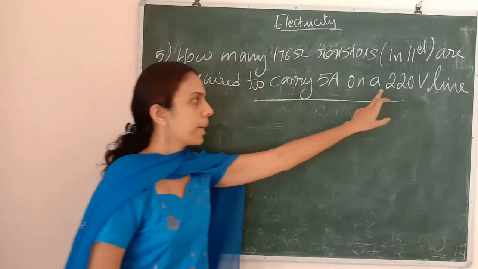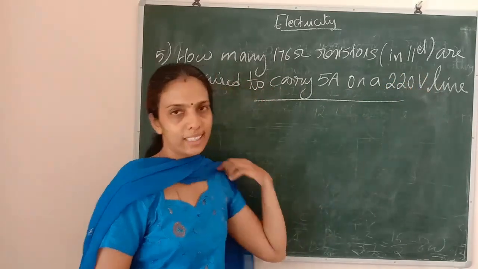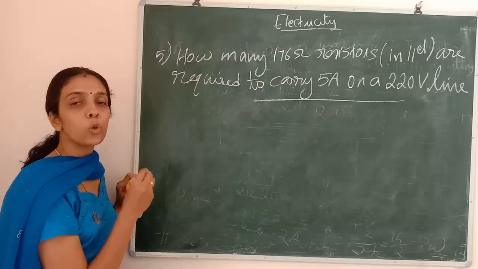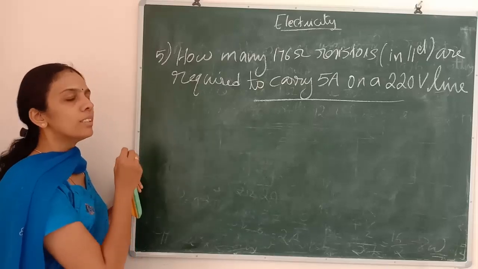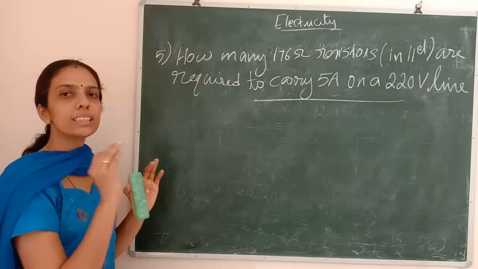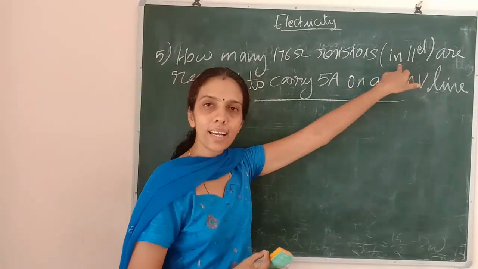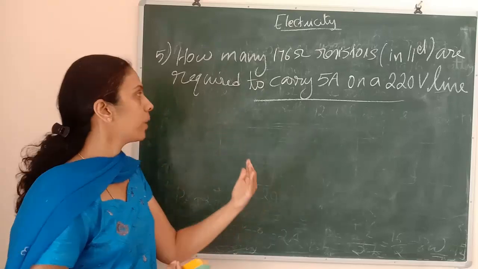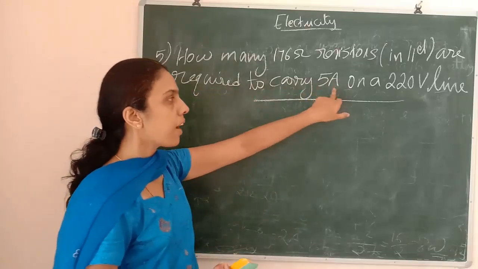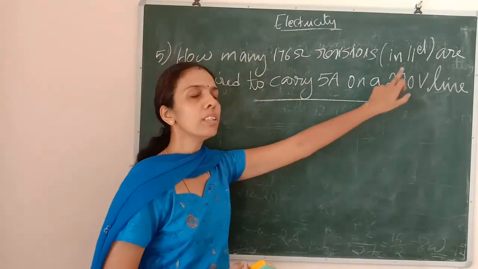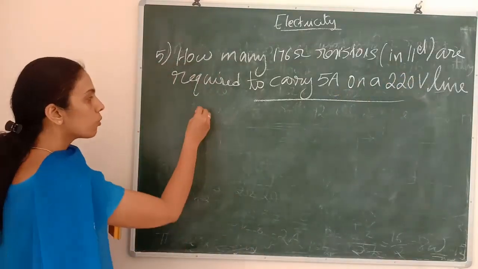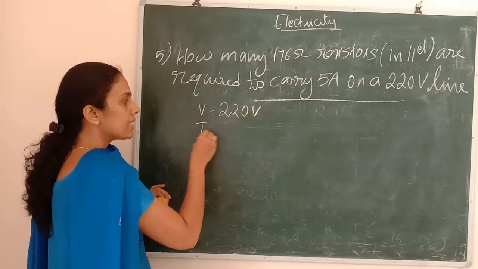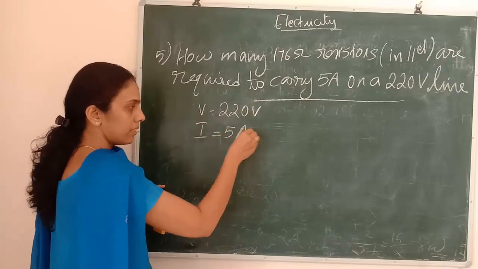So next question is, how many 176 ohm resistors in parallel are required to carry 5 ampere on a 220 volt line? So all resistors are connected in parallel. How many resistors are required to carry 5 ampere current on a 220 volt line? Voltage is given as 220 volt, current is given as 5 ampere.